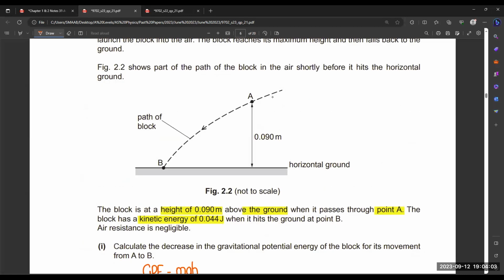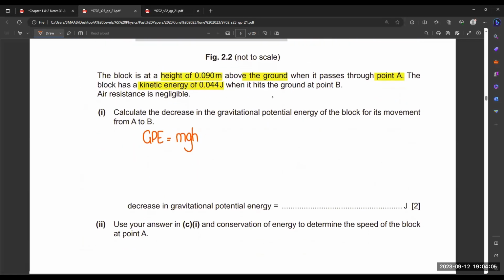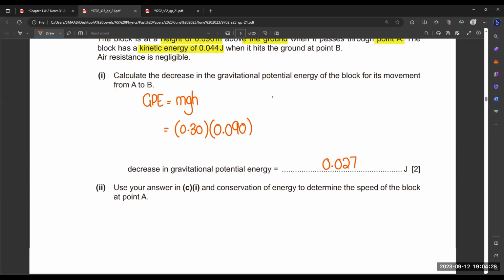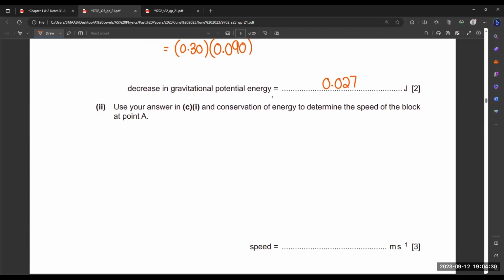And then the height is given there: the block is at a height of 0.09. So you multiply to get 0.027 joules. So this is the answer for the gravitational potential energy.